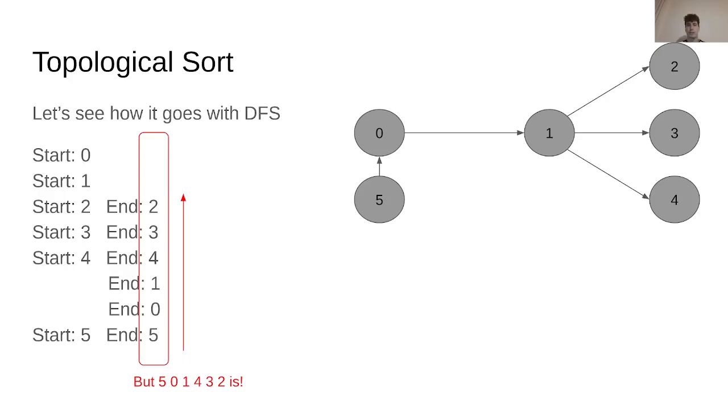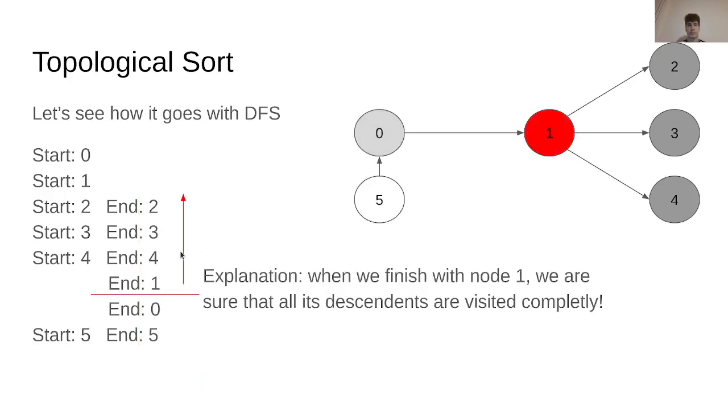And the reason why this works is, let's look, when we finish with node 1, we are sure that every one of its descendants have been finished. Because 1 cannot finish before its children.